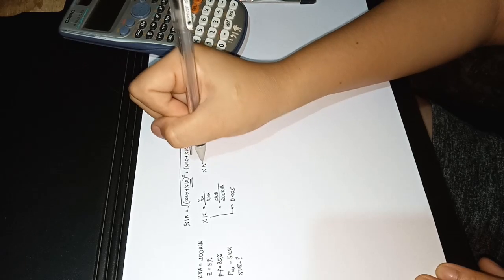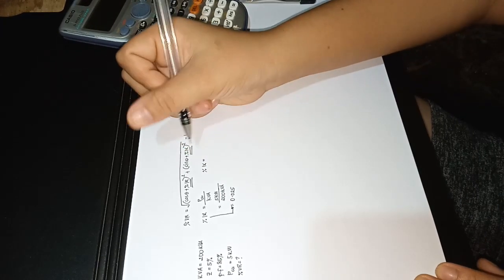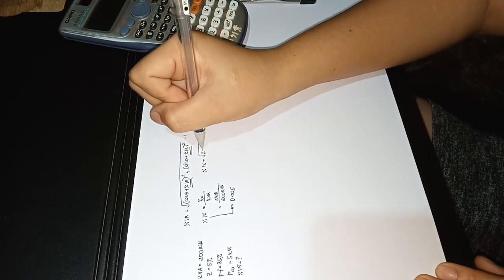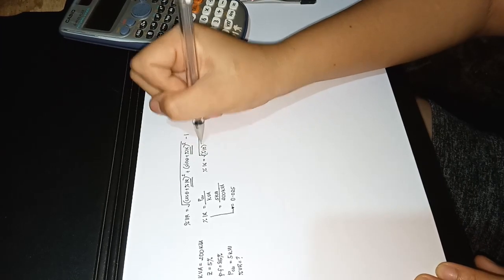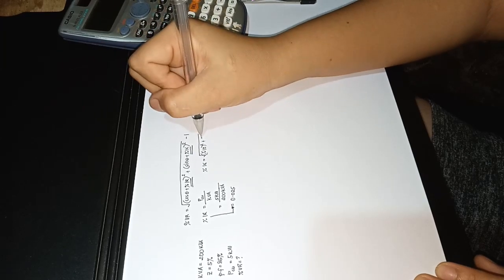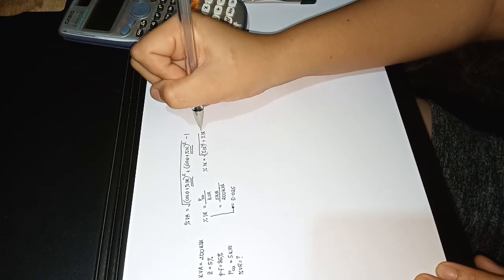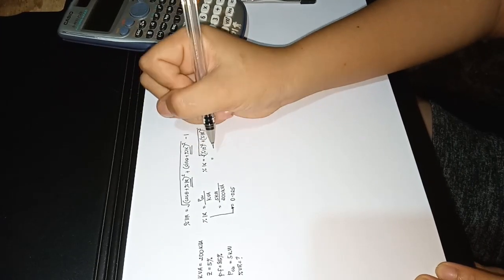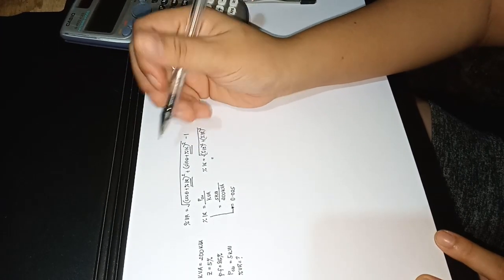Percent IX is equal to the square root of percent IZ squared plus percent IR squared. Substitute the value.